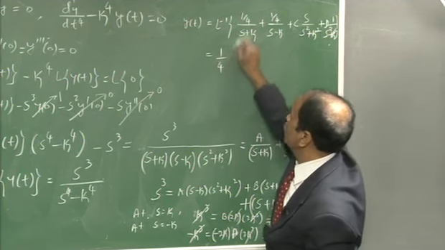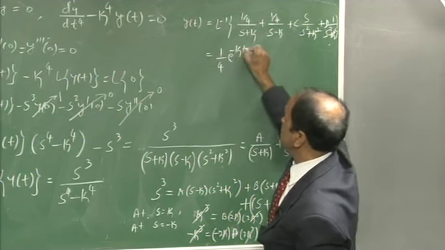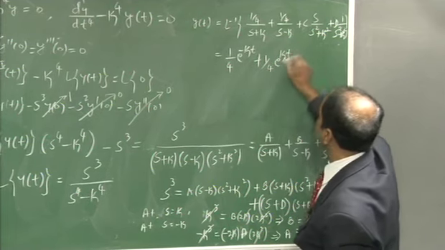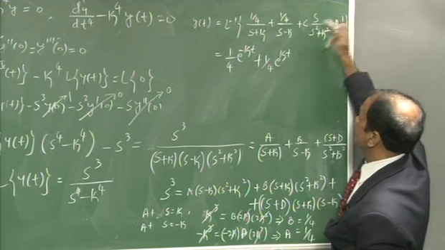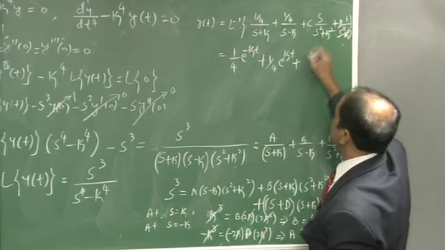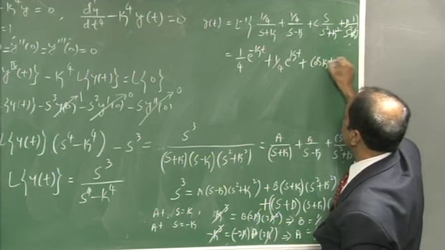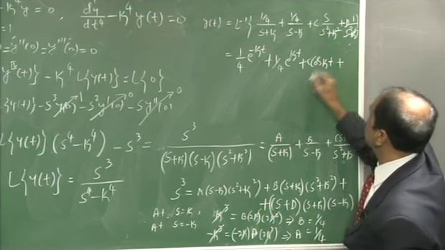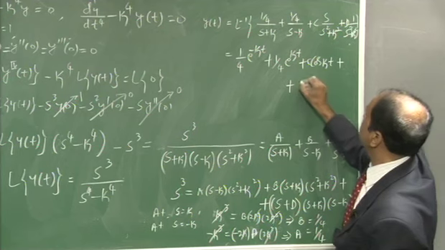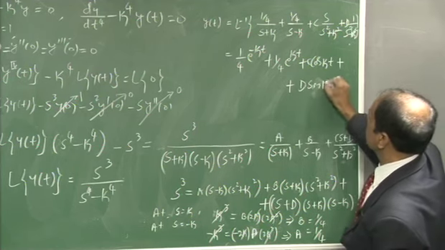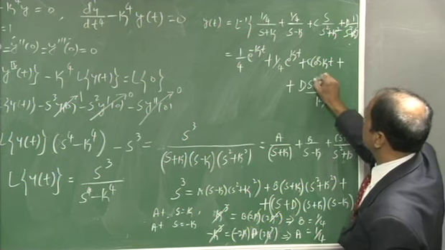The first term 1 by 4 e to the power minus kt plus of 1 by 4 e to the power kt, and if c is not 0, then it should be cos of kt multiplied by c, and plus if d is not 0, then d into sine of kt divided by k.